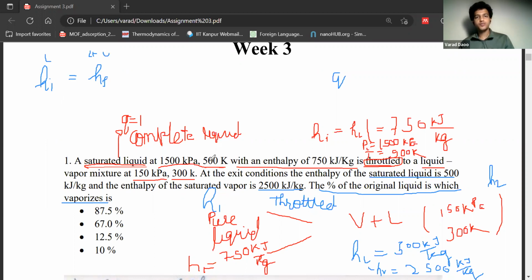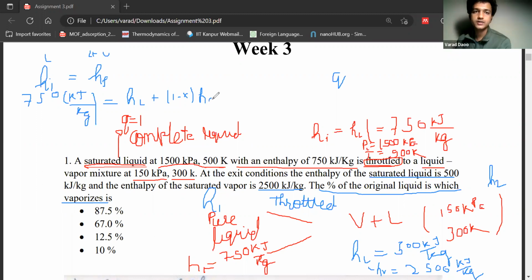The enthalpy of pure liquid is given as 750 kilojoule per kg. Always remember to write the units. This should be equal to the enthalpy of liquid, HF, plus (1 minus x), the amount of liquid per total amount, multiplied by Hg, the enthalpy of vapor, where G stands for vapor.